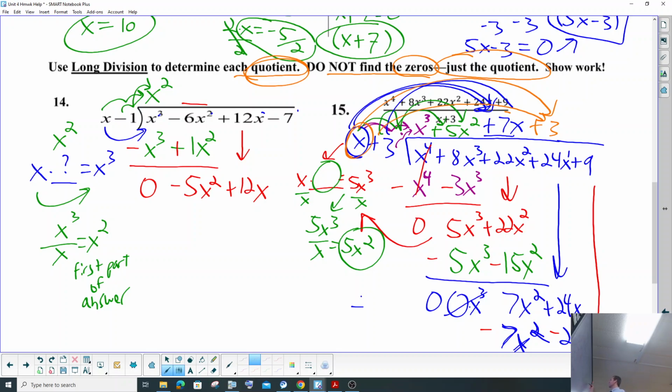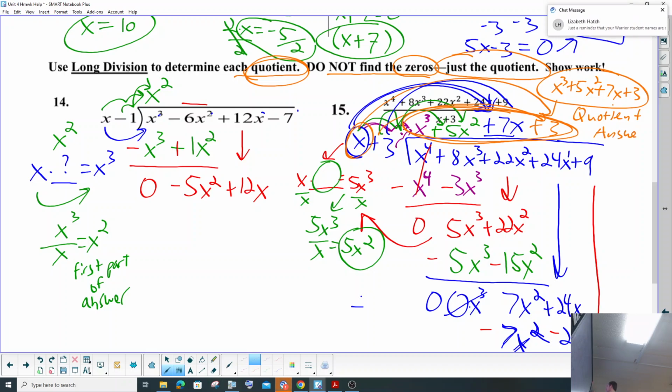So again, our final answer is x cubed plus 5x squared plus 7x plus 3. So that's our quotient, which is the same as our answer. Good. Okay, there we go.